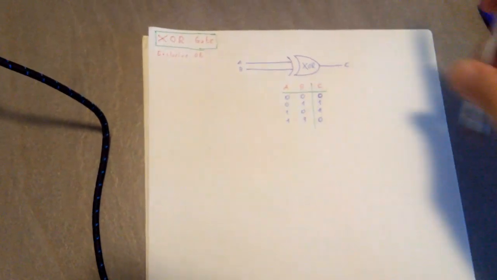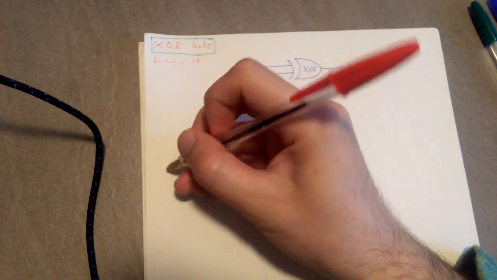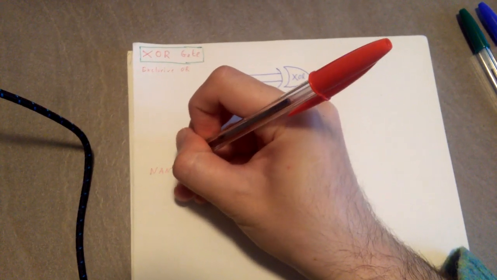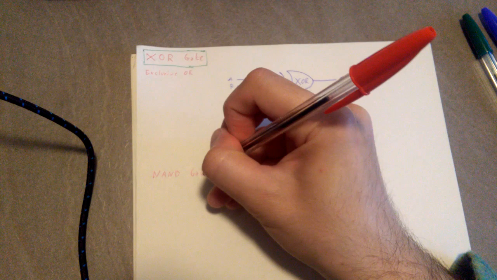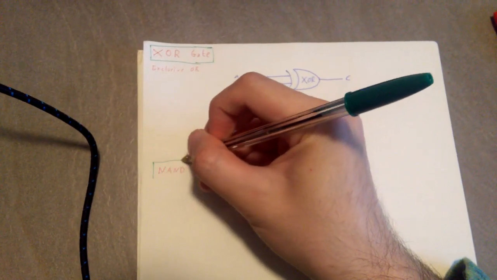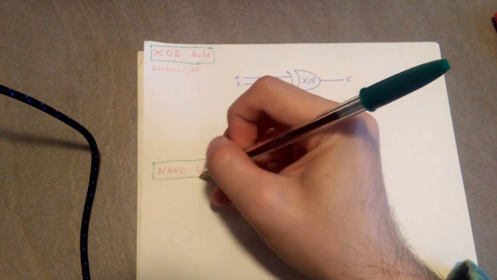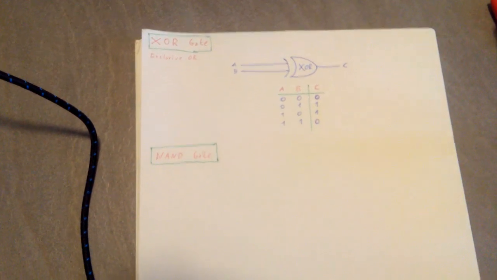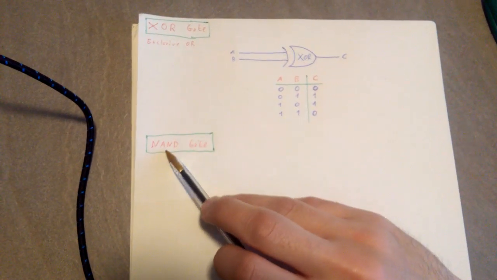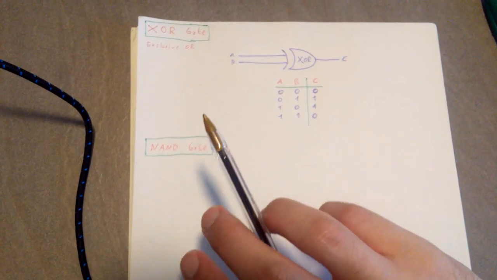Well, we can do that, and it's called a NAND gate. So a NAND gate is essentially a not AND gate.